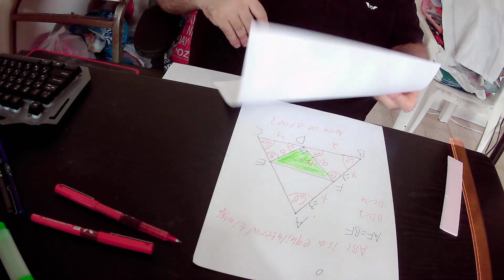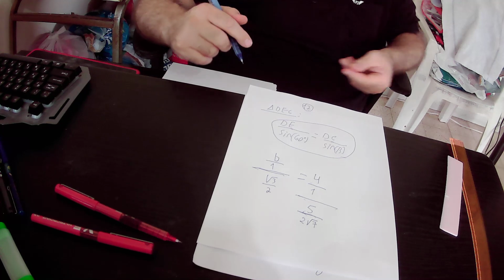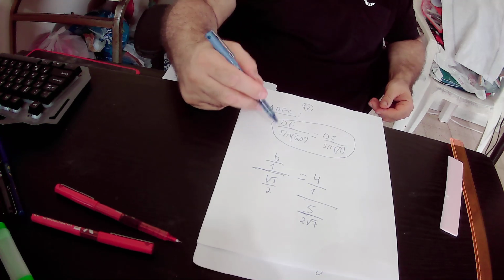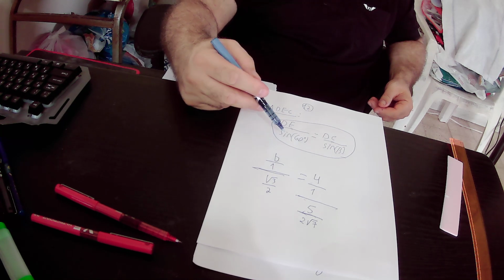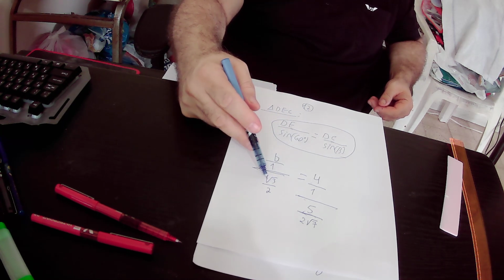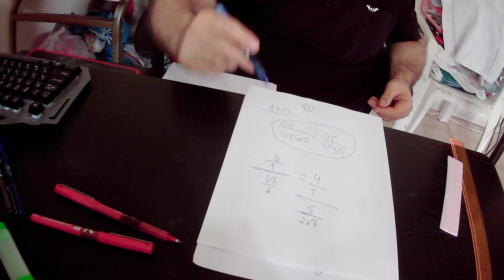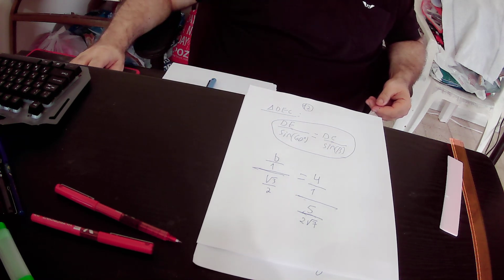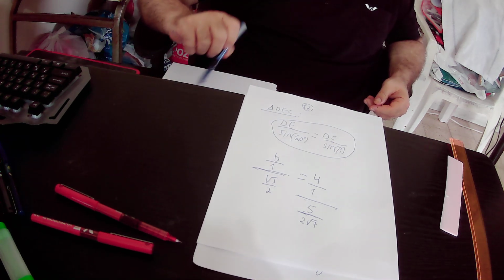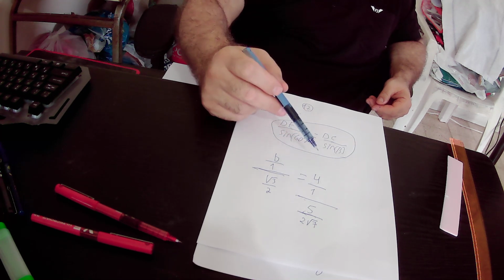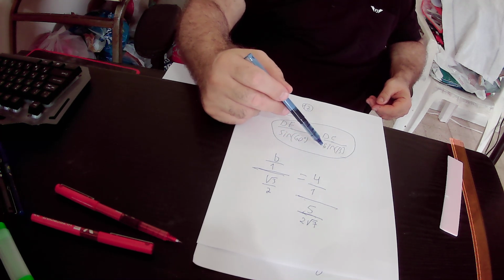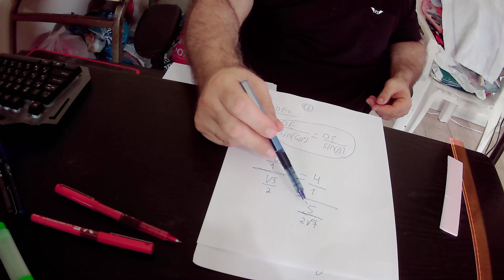Okay, so in total, here DE equals b, and sine beta equals sine 60 degrees equals root 3 over 2, and DC equals 4 units, and sine beta equals 5 over 2 times root 7.